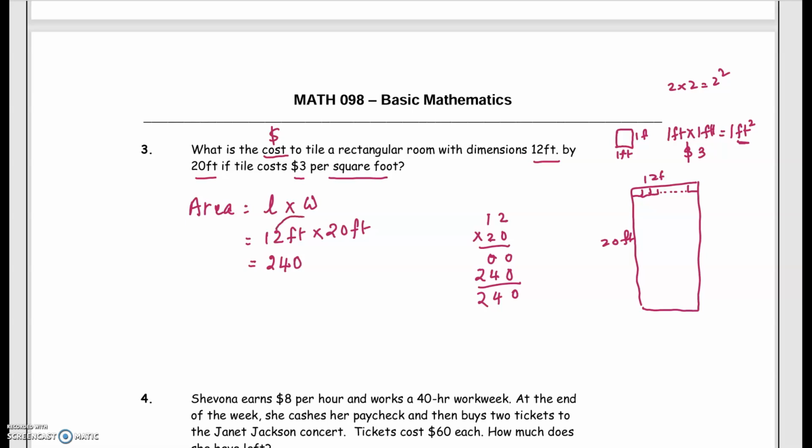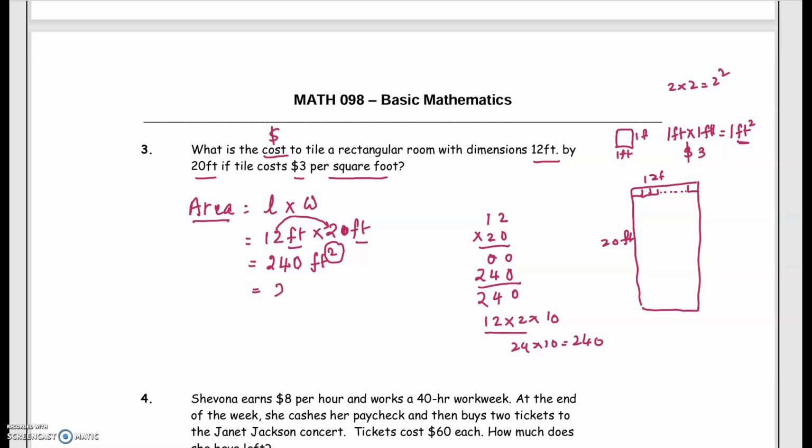Another way of thinking about this is 12 times 2 is 24 times 10 is 240, because this is something like 12 times 2 times 10. 20 is 2 times 10. 12 times 2 is 24 times 10, which is 240. Either way, we have 240. Foot times foot is foot squared. Remember, the units of area is square units. So it's foot squared. Now, how many square feet are in this room?